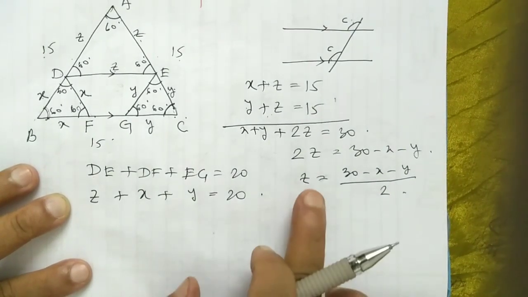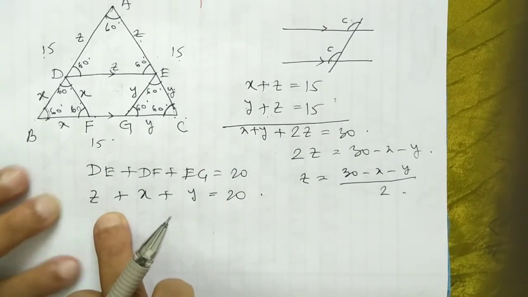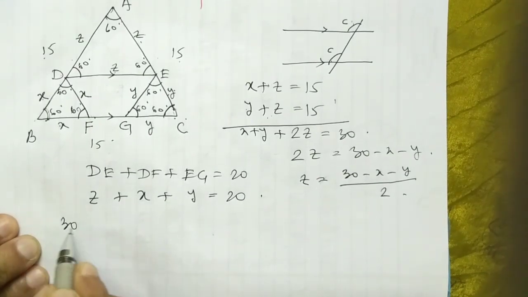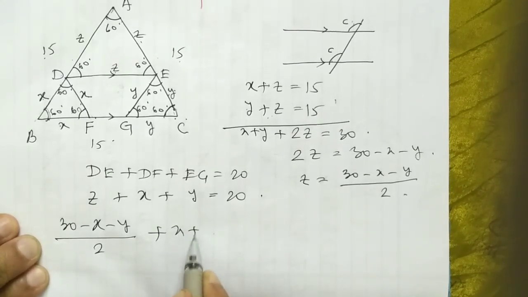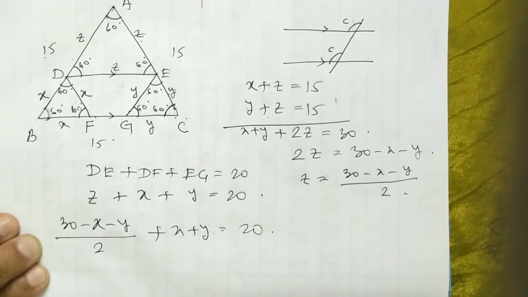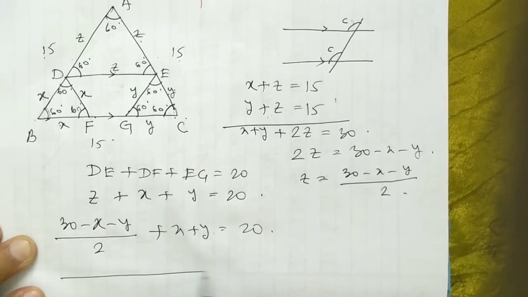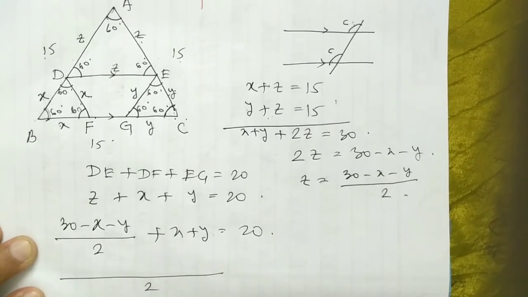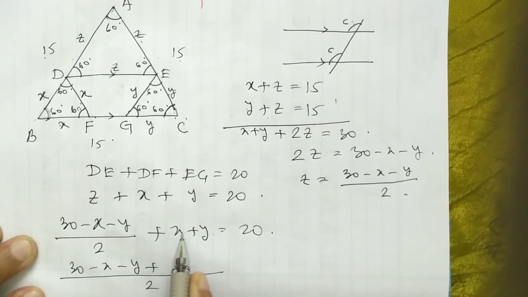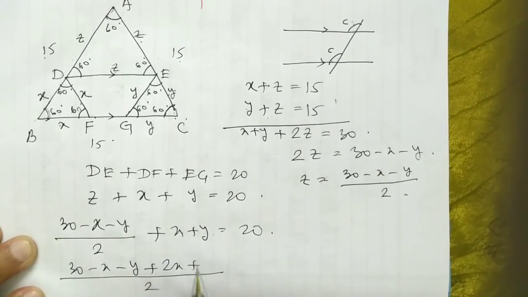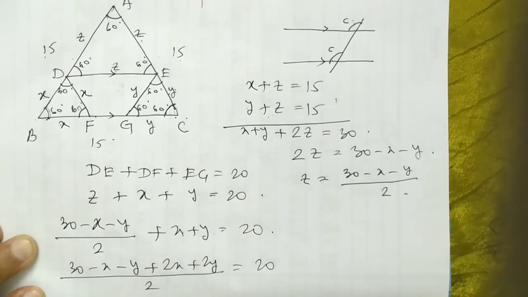Fine. Now we'll put this value of z here. So what I'm getting: (30 minus x minus y) by 2 plus x plus y equal to 20. So now let us take the LCM: 30 minus x minus y plus 2x plus 2y, over 2, equal to 20.